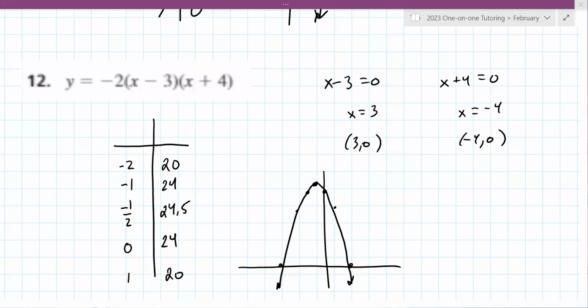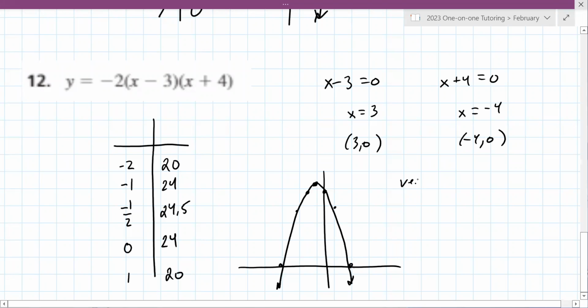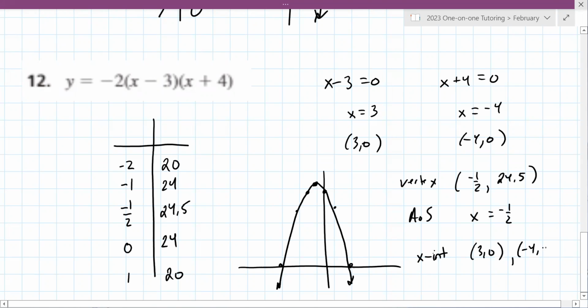And then from here you need the vertex, which you have, the axis of symmetry, the x-intercepts you just found already, and the domain. It's really the range that's the most important one here.